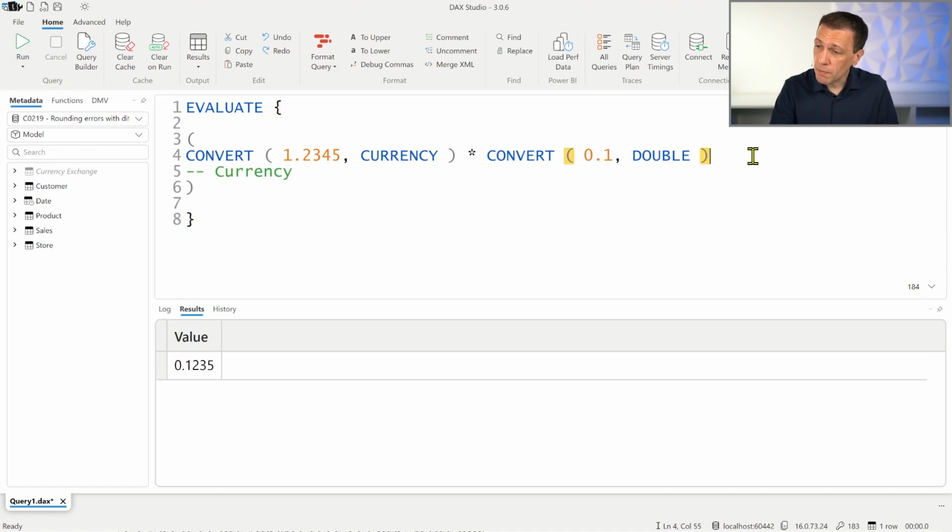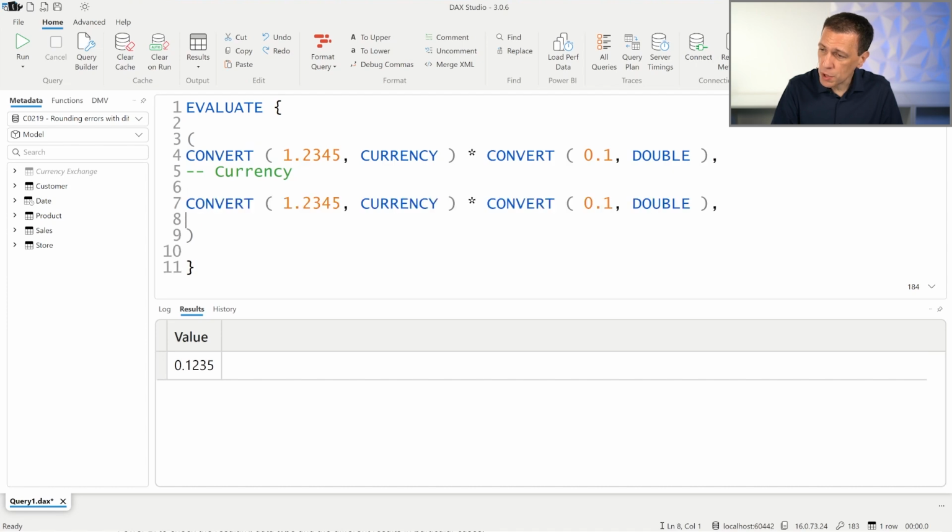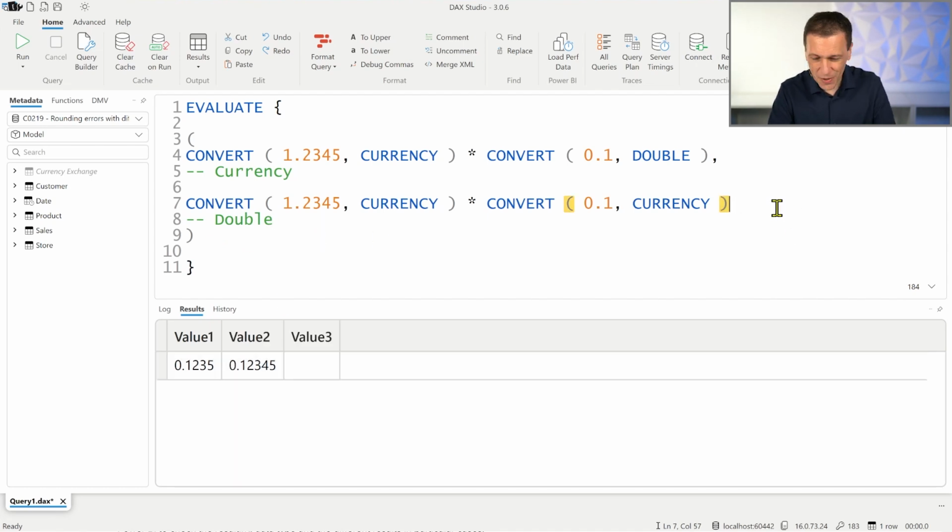What happens if we repeat the same operation and we just change this double to currency? So in this case, the result will be a floating point, so a double. And if I run this code, now you see that, let's remove this comma.